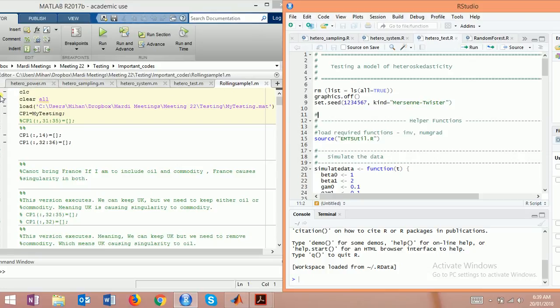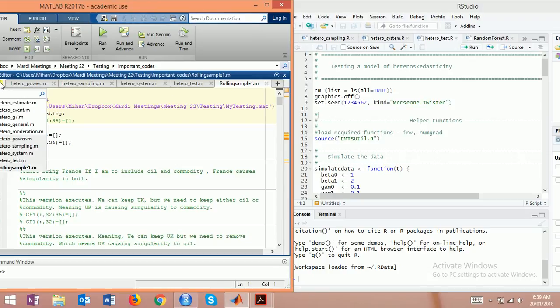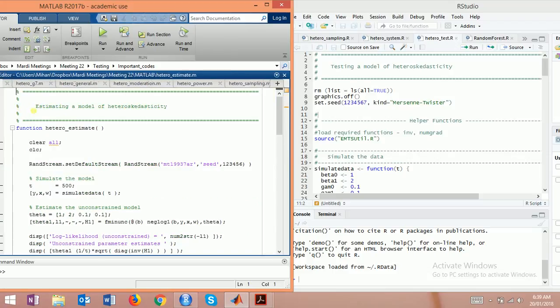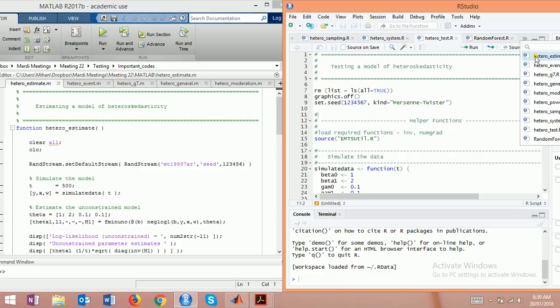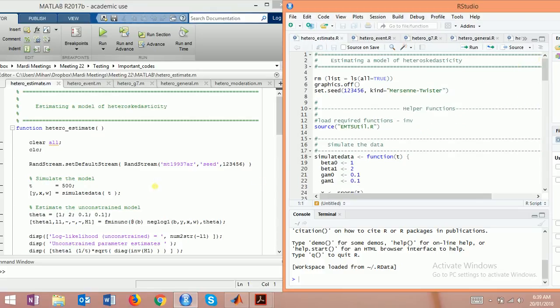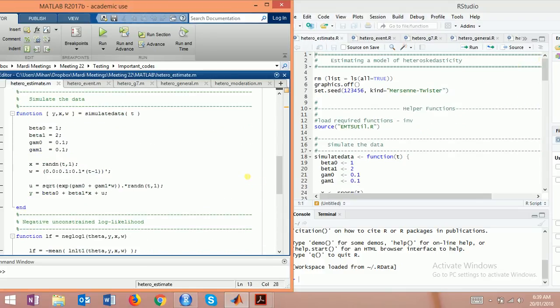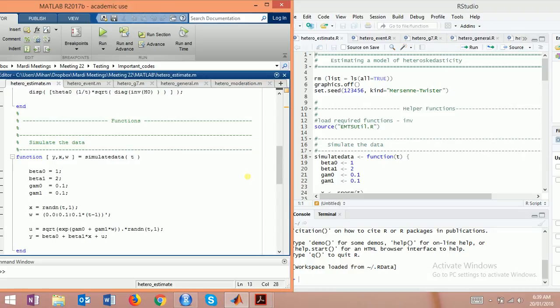So to begin with, estimation, hetero estimate. First, look into the local functions. Data simulation.